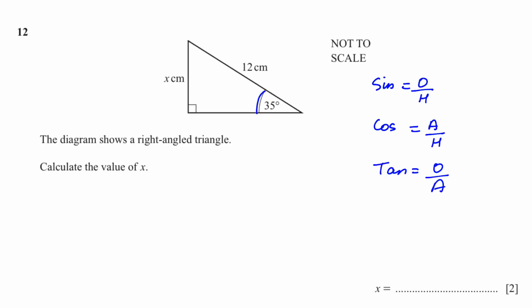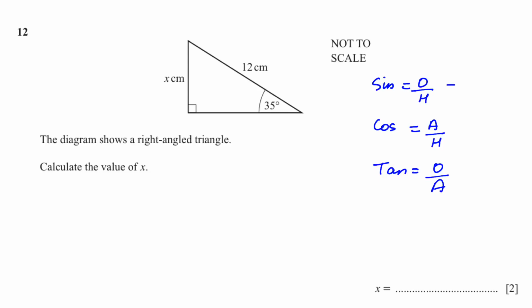If this is your angle, this side is your opposite. You know what opposite means. The side next to the angle is adjacent. And the side opposite your right angle is your hypotenuse. So this is something important you need to remember. Also, you need to remember that the identities are very important.